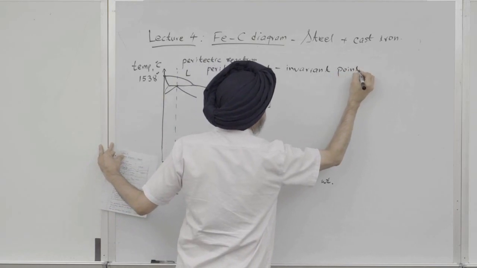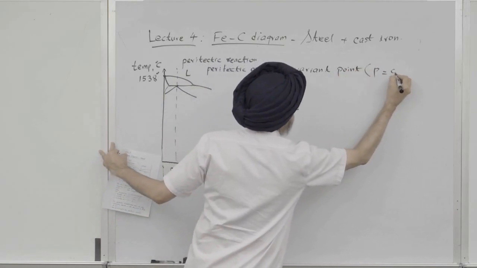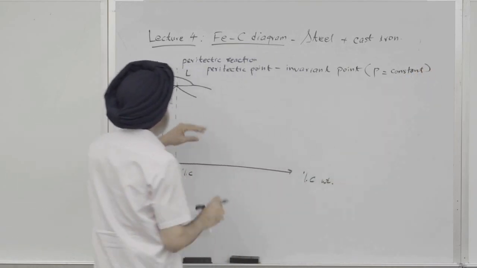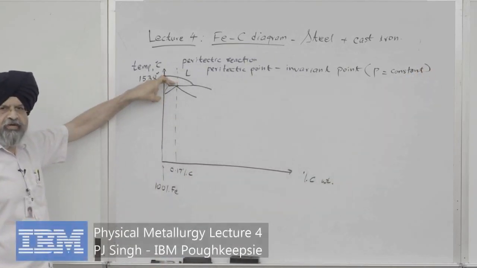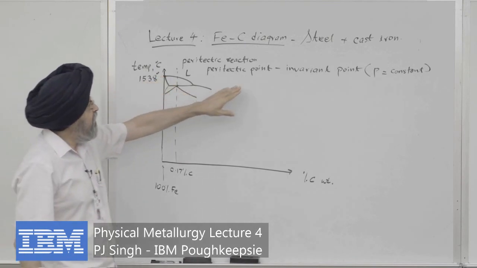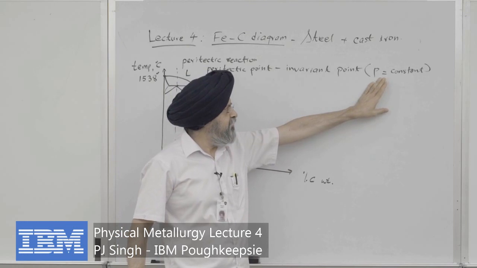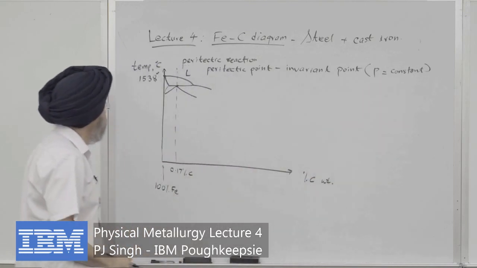Are we assuming pressure is constant? If you change pressure, this point's temperature and composition will change, but in metallurgy, we are mostly working at 1 atmosphere pressure, so pressure is constant.